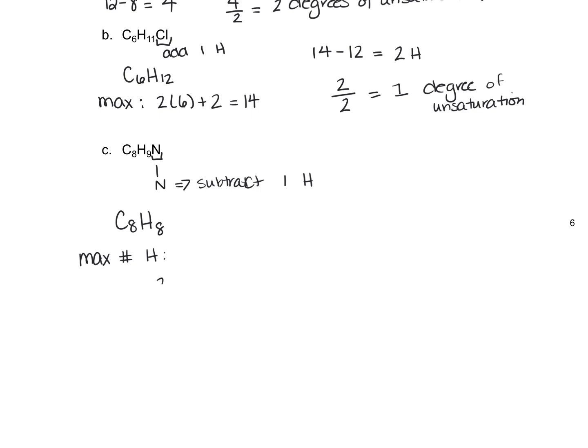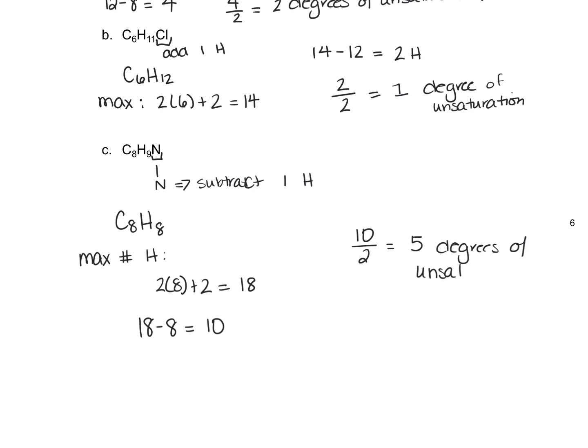That would be 2 times 8 plus 2, which gives us 18. So 18 minus 8 is 10 hydrogens that we don't have, right? So 10 divided by 2 equals 5 degrees of unsaturation.